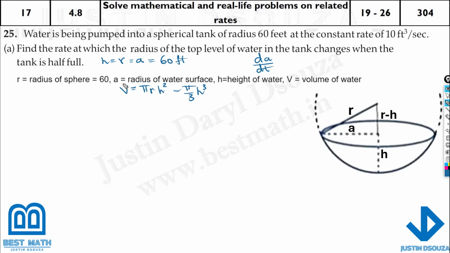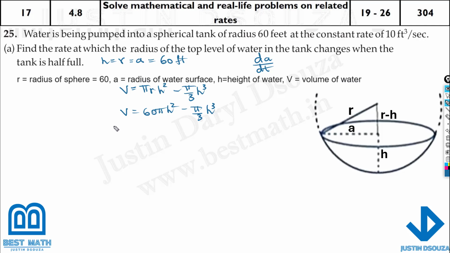We cannot do implicit differentiation with volume, with height and radius. So this is given. Let's substitute and simplify. Volume will be equal to pi times 60, so I'll write it as 60 pi. The constants first: 60 pi h squared minus pi by 3 h cubed.